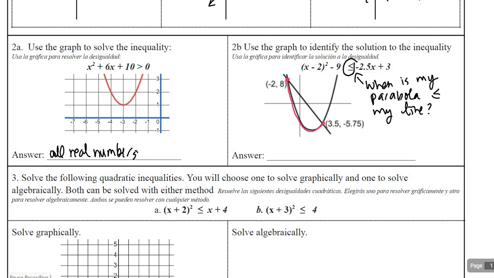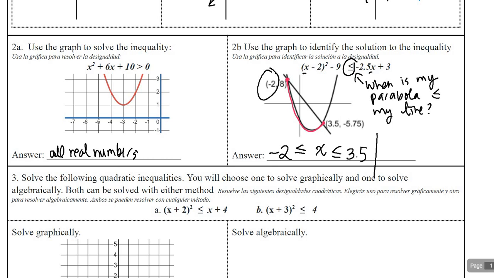And since my inequality is in terms of just x, my answer will be in terms of just x. So x can be -2. If this did not have equality allowed, then I would use the other symbol. And x can be all the way up to 3.5.